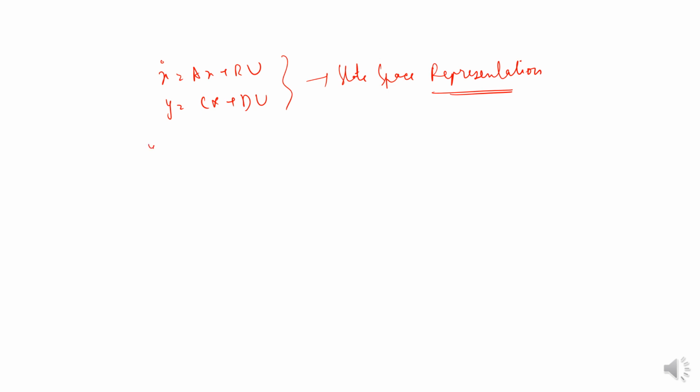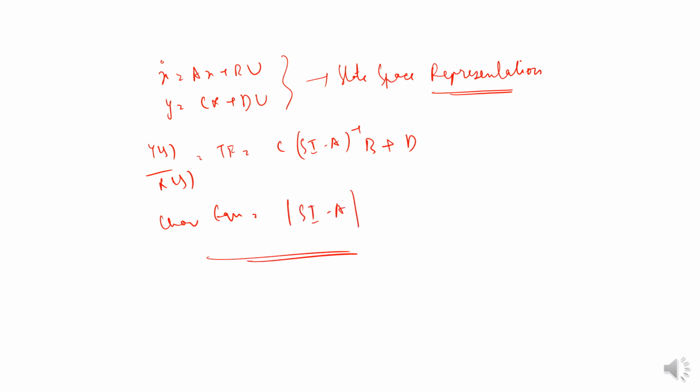For this, Y of S by X of S, the transfer function, is given by C into SI minus A whole inverse into B plus D, and the characteristic equation is given by mod of SI minus A. Thank you. This is all it is.